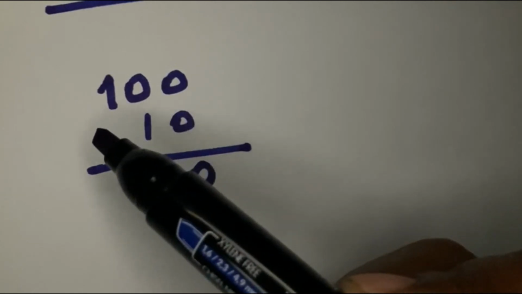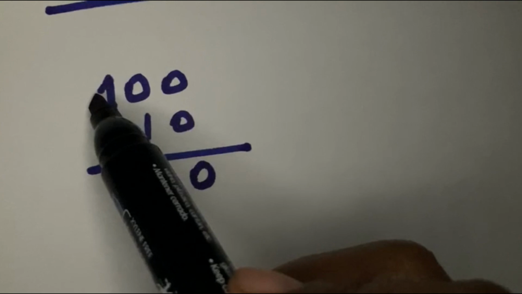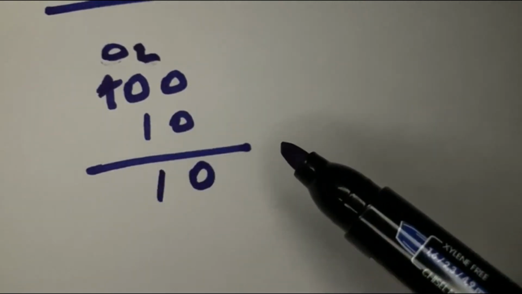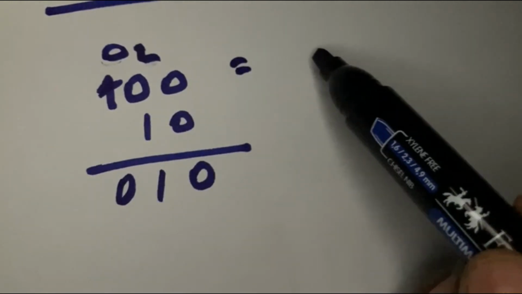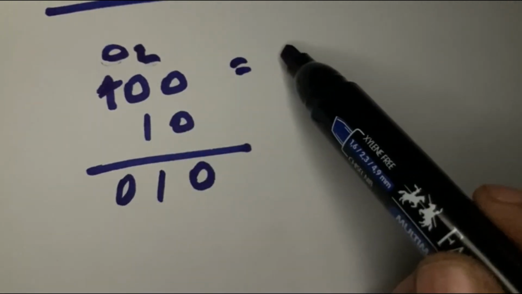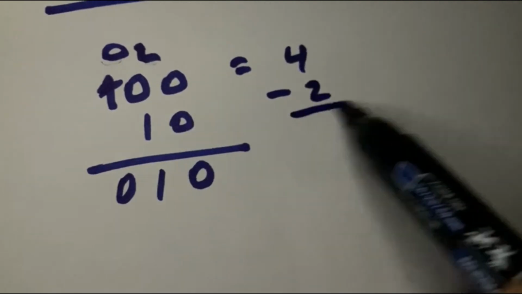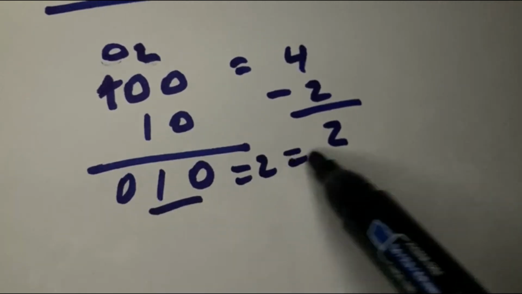So when we borrow, this one will change into 0, and this one will be 10, which is 2. Therefore 2 minus 1 will be 1. Okay, so this will be 0. Again, make sure: 100 is 4 minus 10 is 2, so 4 minus 2 is 2, and the binary digit 10 is also 2.